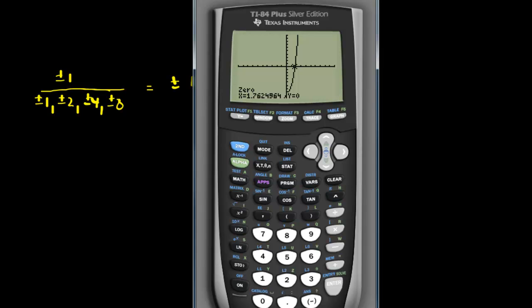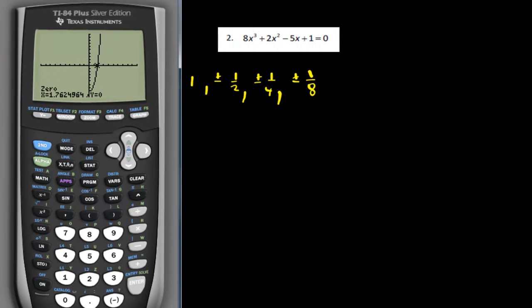Now let's graph this and see which of these make sense, or are roots of it. So we're going to have 8x to the third plus 2x squared minus 5x plus 1.